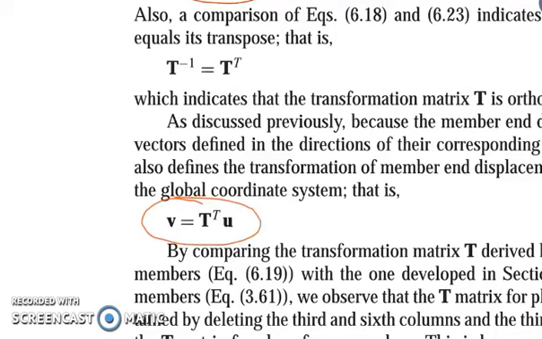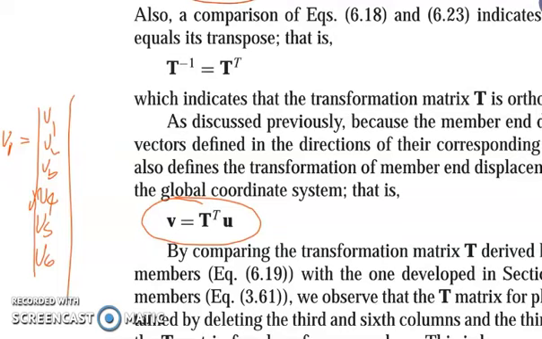Again, you have to identify your transformation matrix, then you transpose that one. And for every member, there will be 6 end displacements in the global coordinate system and 6 member end forces in the global coordinate system. So if that is member 1, for example, you have V sub 1, V sub 2, V sub 3, V sub 4, V sub 5, V sub 6, and this will be equivalent to the transpose of the transformation matrix times U sub 1, U sub 2, U sub 3, U sub 4, U sub 5, and U sub 6.